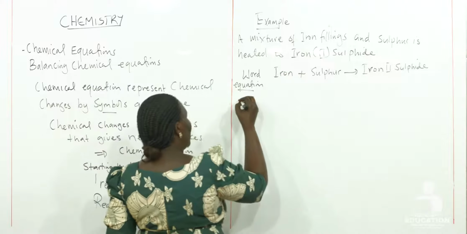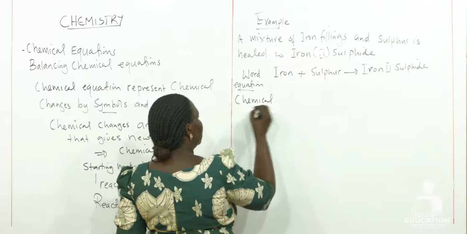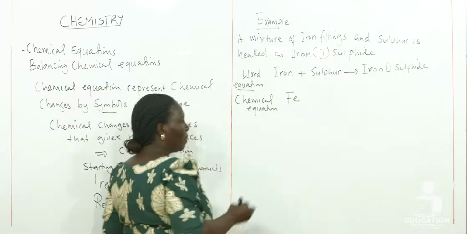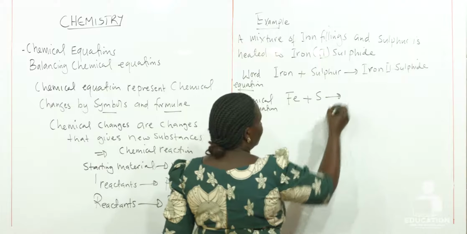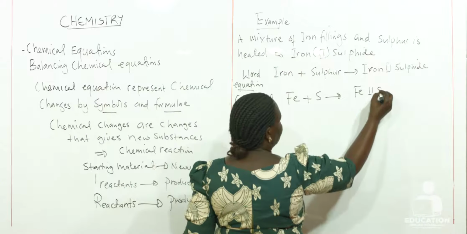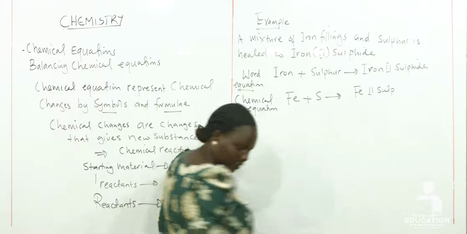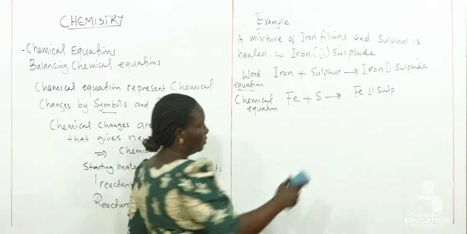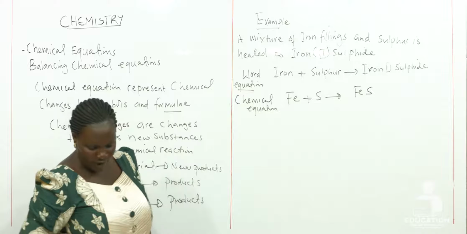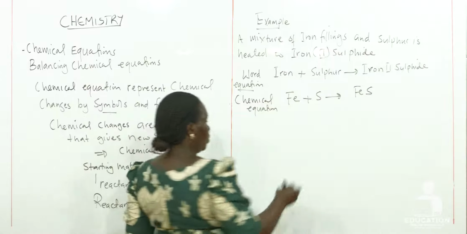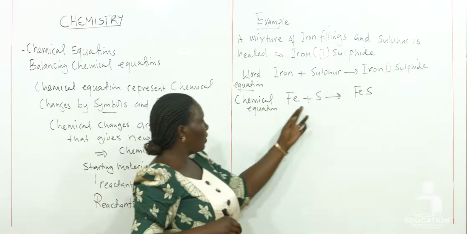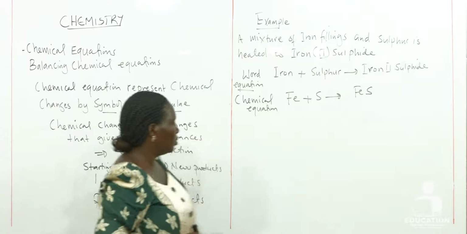If we are representing the whole reaction using a chemical equation, we have iron, the symbol of iron is Fe, plus sulfur S gives us iron 2 sulfide.